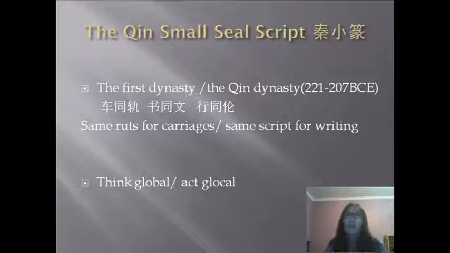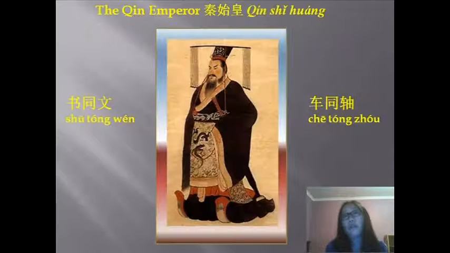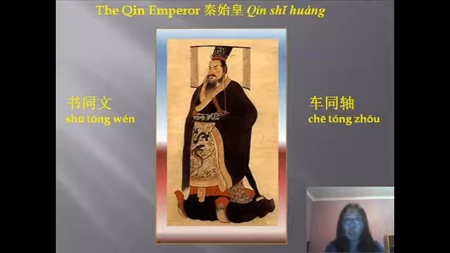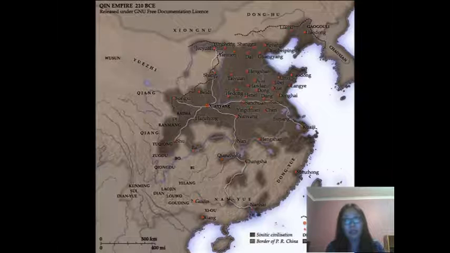A very important step in the development of the Chinese writing system is what Qin Shi Huang, the first emperor of China, of the Qin Dynasty, who died 2,000 years ago, did when he unified China. Before his unification, what we know today as China was actually divided into many different states.